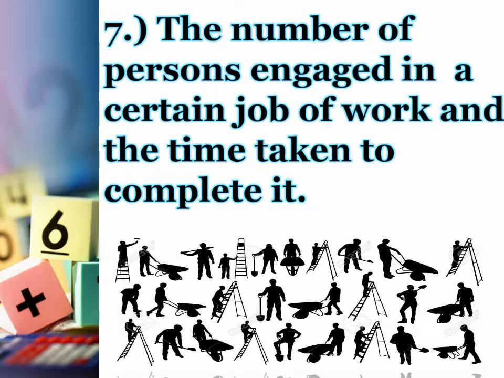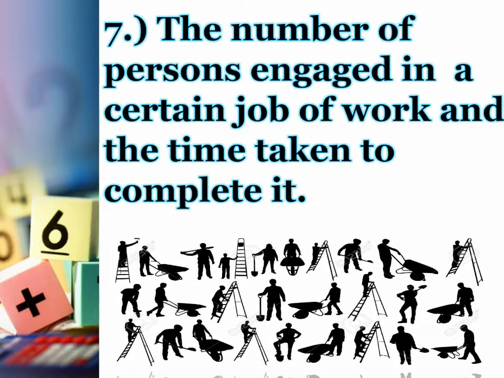Also, if the number of persons is decreasing, then the time taken to complete it is increasing. So you can clearly identify this is not a direct proportion. Now you have to do exercise 10.1 in your textbook.